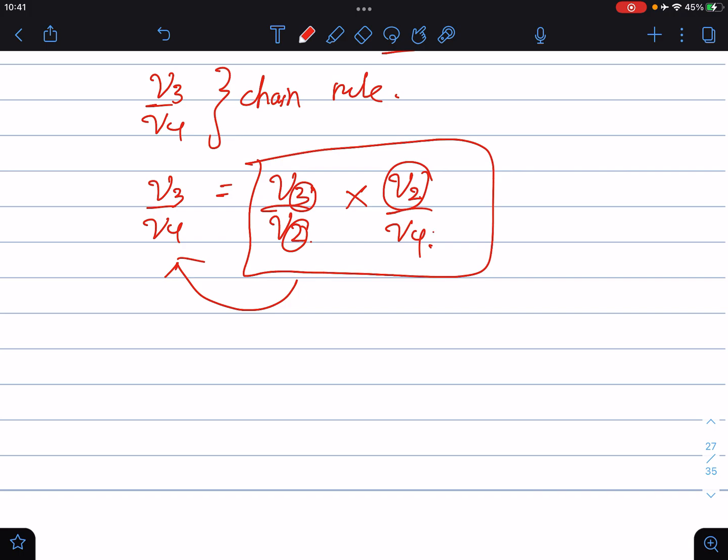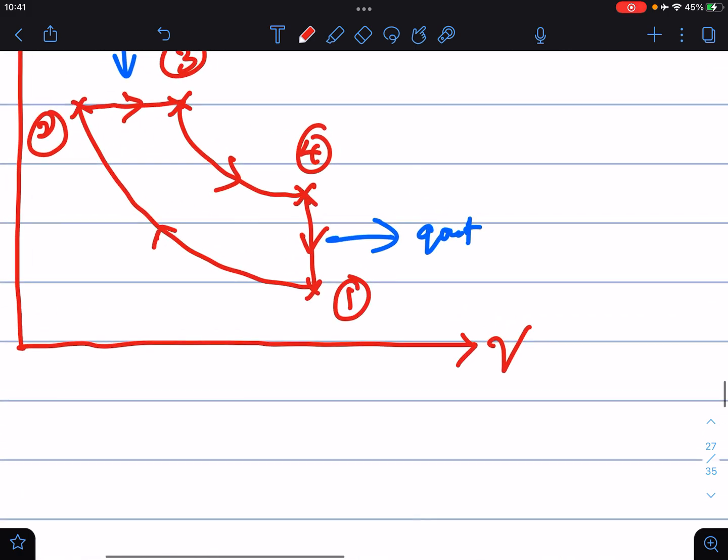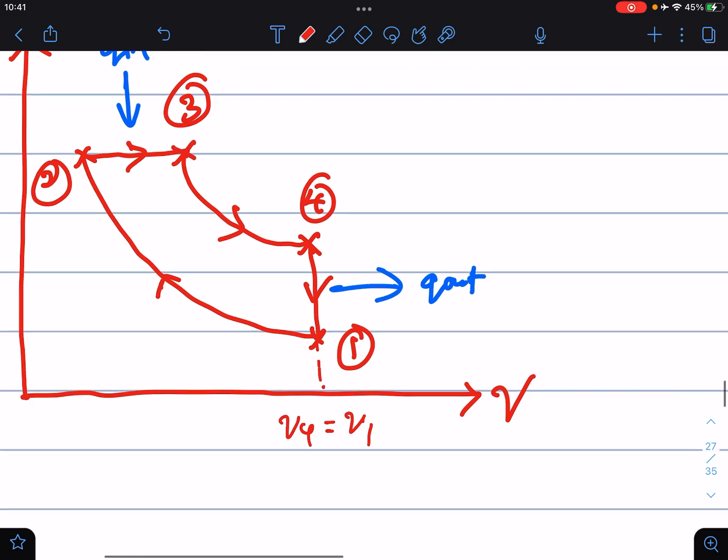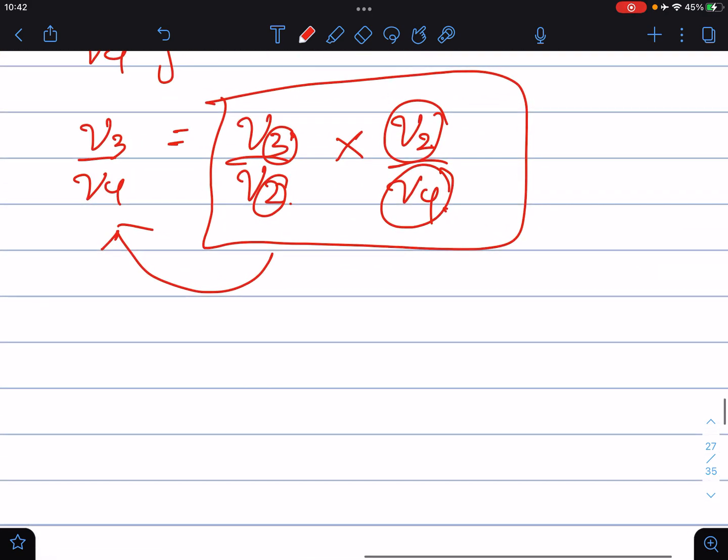Since V4 and V1 are constant, look at the diagram, the volume here is constant, V4 equals V1. But V3 is not the same as V2, so you cannot do the similarity there. You can replace V4 with V1.